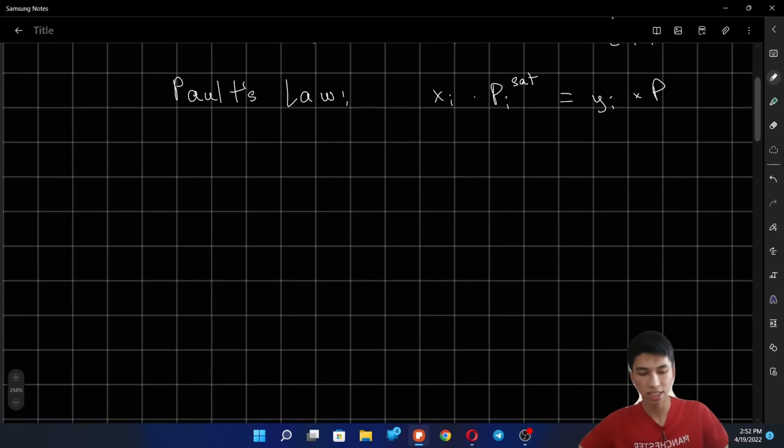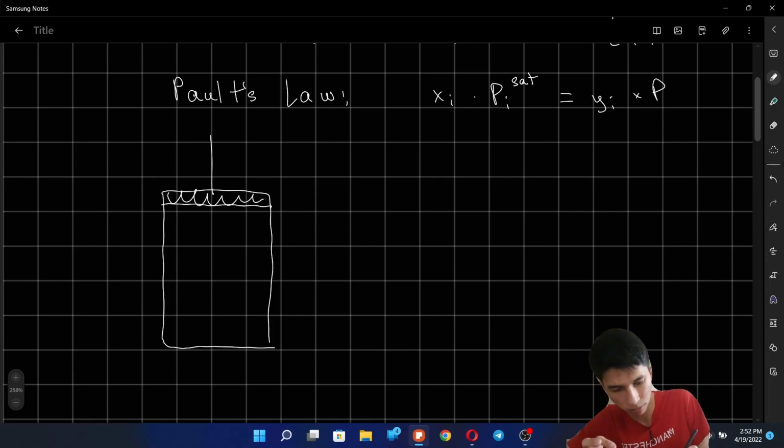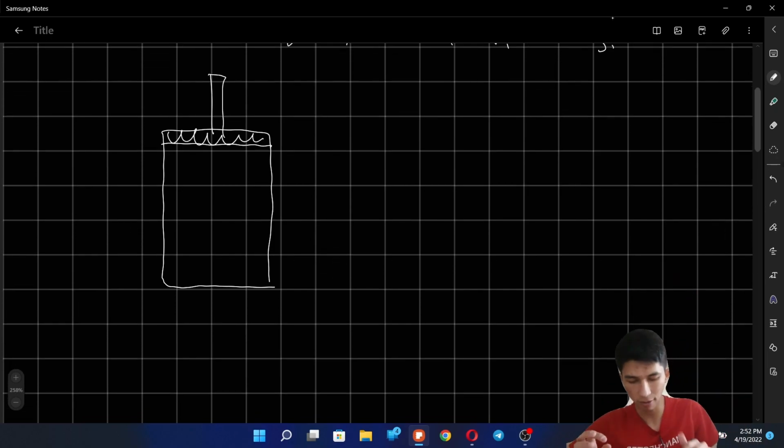Okay, let's imagine we have a system with a piston, and we will have a mixture inside.